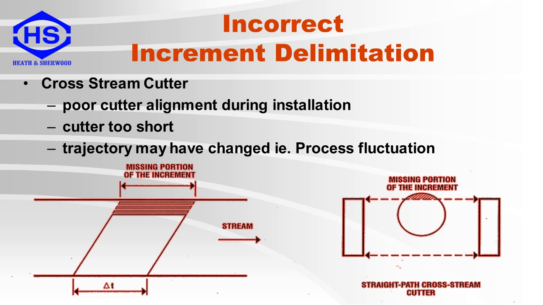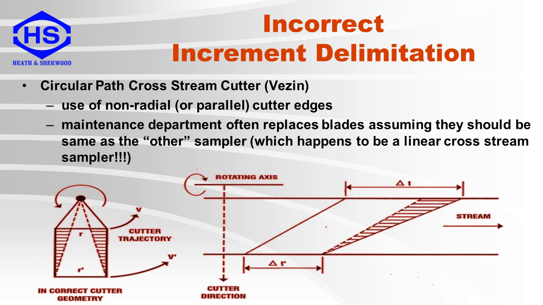Another cause of incorrect delimitation is poor cutter alignment. The cutter may have been misaligned during installation, the cutter may be too short, or the sample trajectory may have changed due to process fluctuations. Here you can see that a portion of the increment is missed. For rotary Vezin type samplers, poor cutter geometry is another cause of incorrect delimitation.